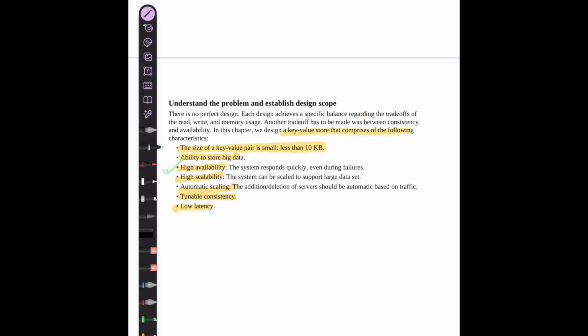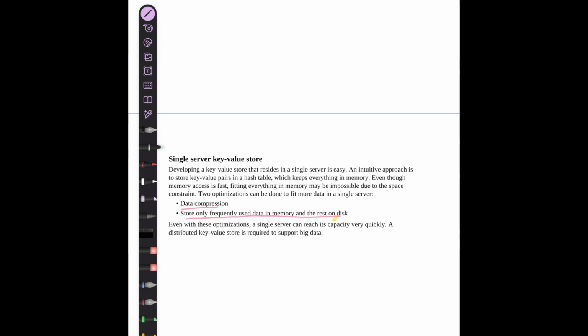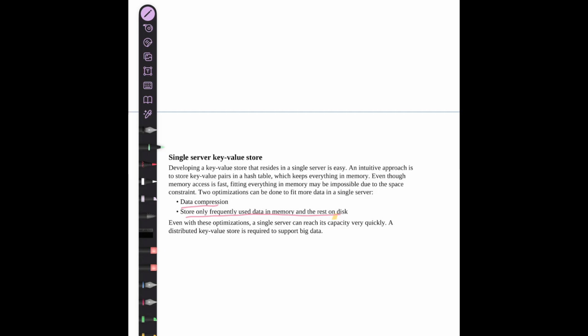This key value pair system should be highly scalable. It should be able to support a very large data set. Then it should have low latency. What I mean by low latency is whenever I access a value corresponding to a key, it should be fast. It should not have a significant time lag. So keeping this design scope in mind, we'll see what all fundamentals need to be taken care of.